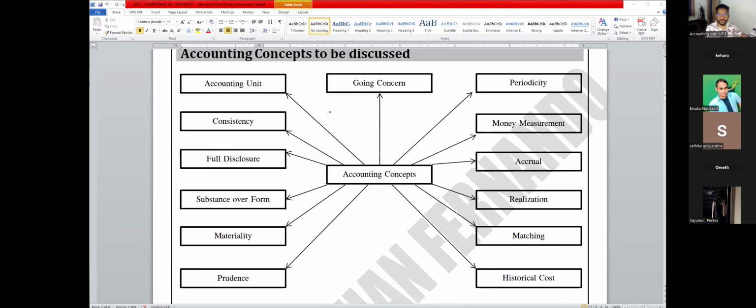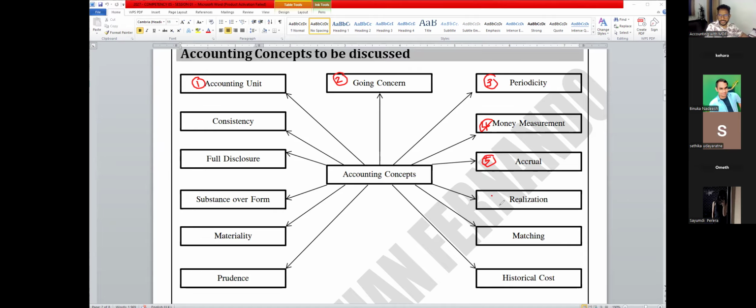I'm discussing the accounting unit concept here first. This is going to be number 1. And going concern is the second concept, number 2. Periodicity, number 3. Money measurement, number 4. Accrual concept, number 5.